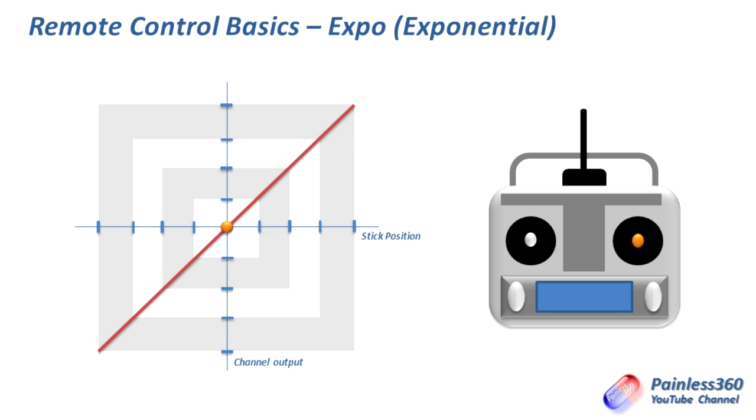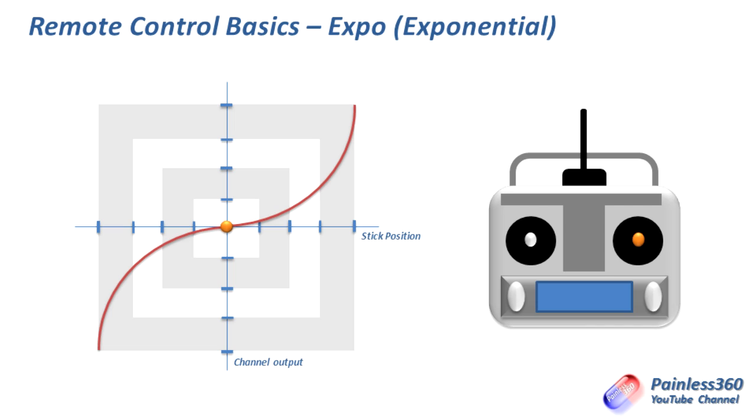Exponential is where you introduce a curve into the equation, and the reason it's called exponential is because we're using an exponential curve. What it does then is it desensitizes the control around the middle position. So now as we move the control to 25 and to 50%, you see that the actual channel value, the output of the radio, is so much smaller.